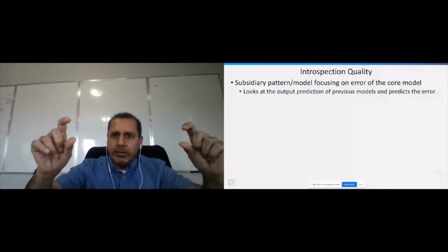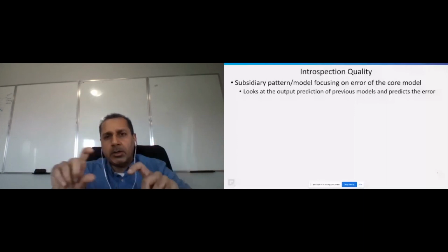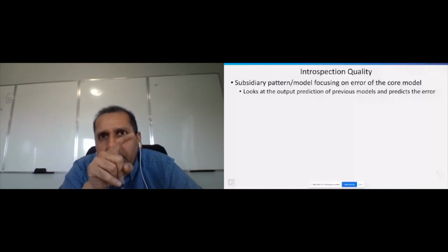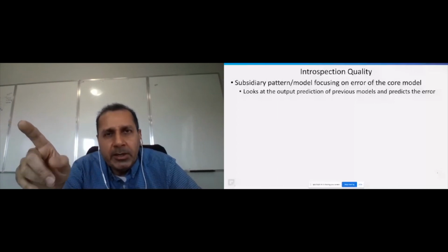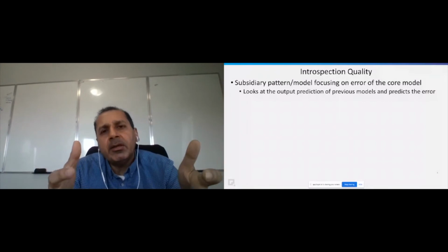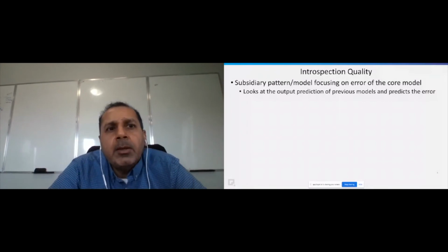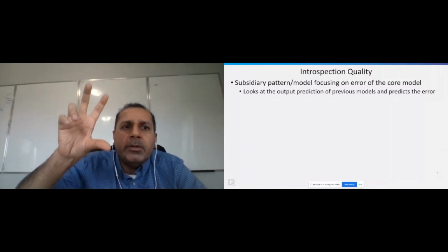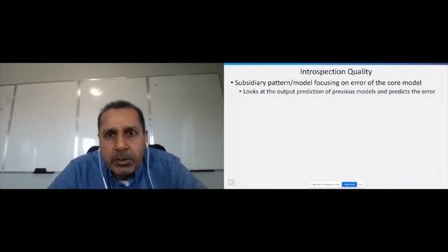Now, if I can create a system model or a consumer model which looks at the predictions you generated and sees how accurate they were, and if I can create a model which can predict the error rates of a core model, that becomes my subsidiary model. That's what I call introspection quality.